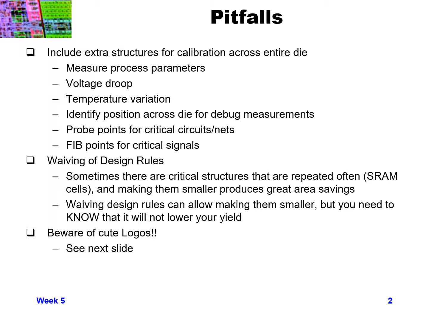Keep that in mind. FIB points on critical signals. FIB is focused ion beam. So this is something where you can actually make connections from one metal layer to another metal layer using a focused ion beam that can basically place additional metal to short two things together.